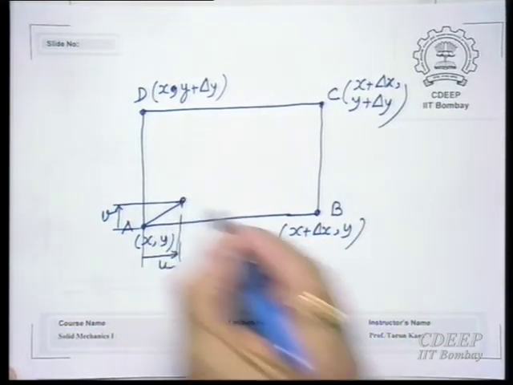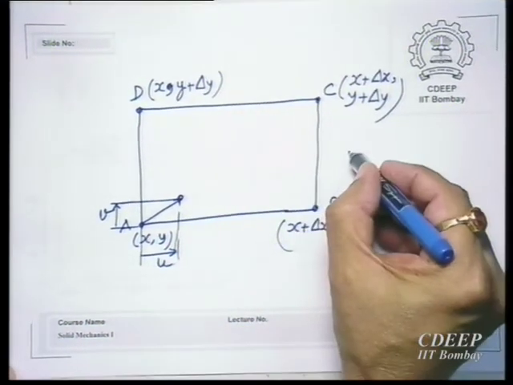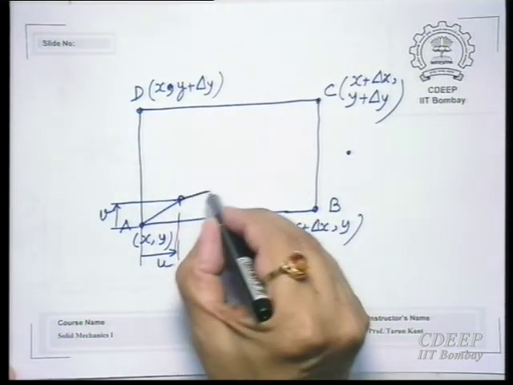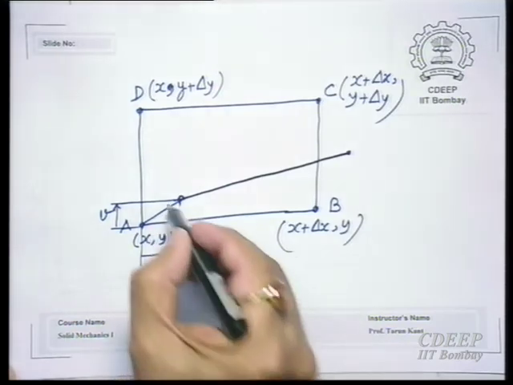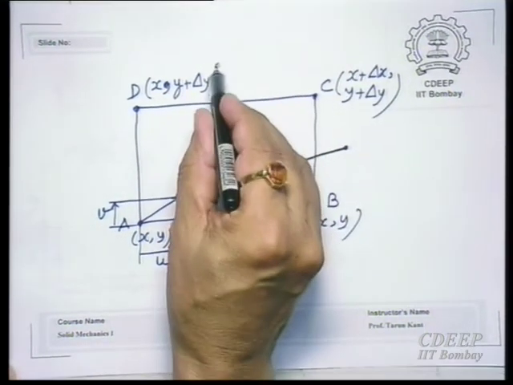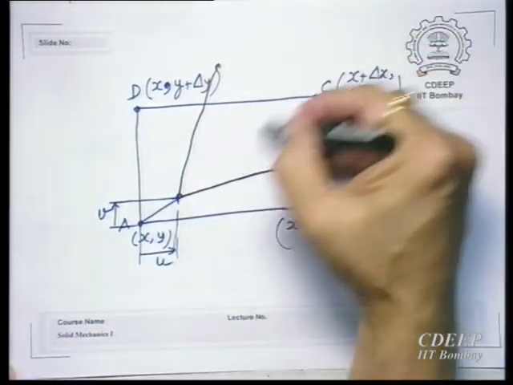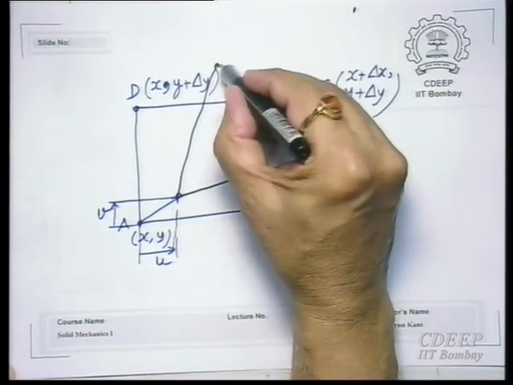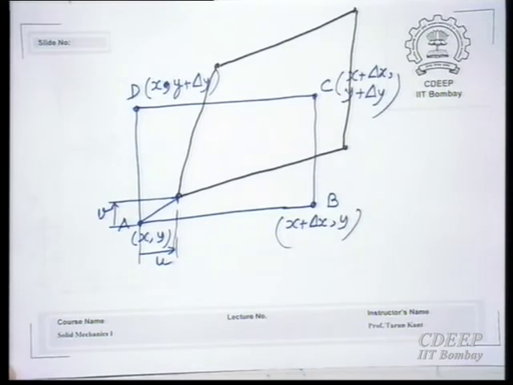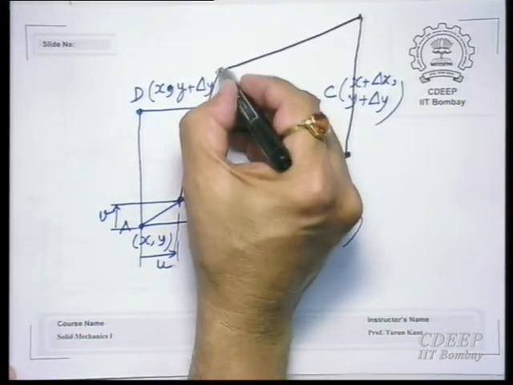This point has become like this, this one will be like this, and finally this one is something like this. So please write down the new coordinates.